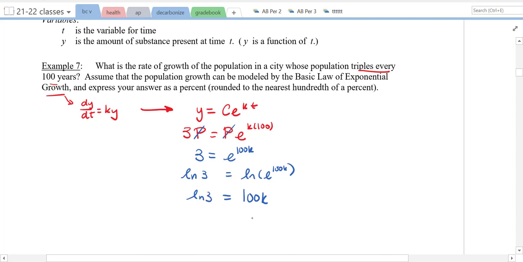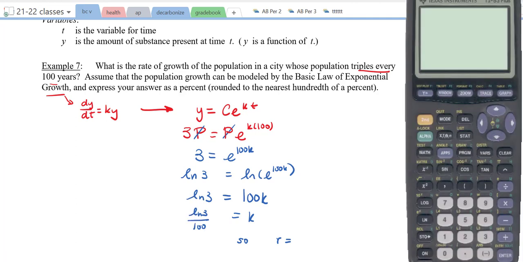And what's my value of k? Yeah, natural log of 3 over 100. So I guess k is equal to, this is where you bring a calculator. I don't know what this is either. Log 3, close the bracket, and then divide by 100.